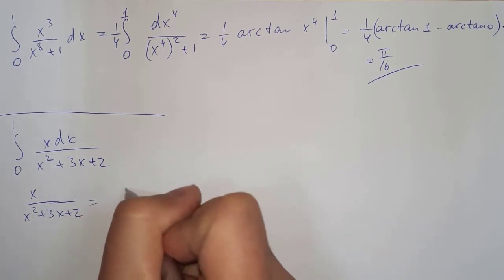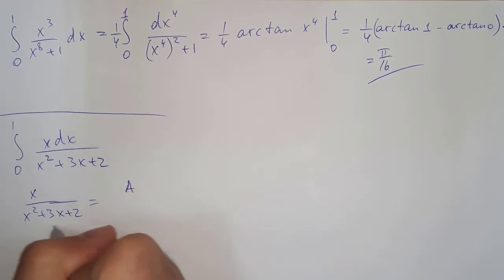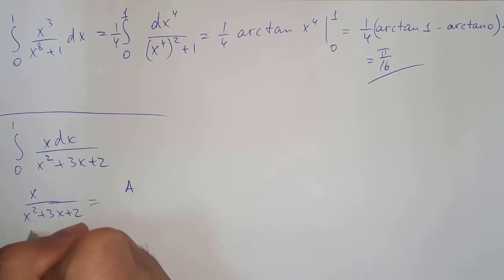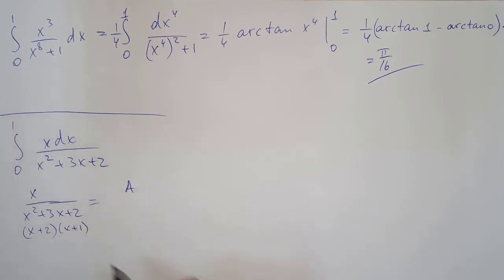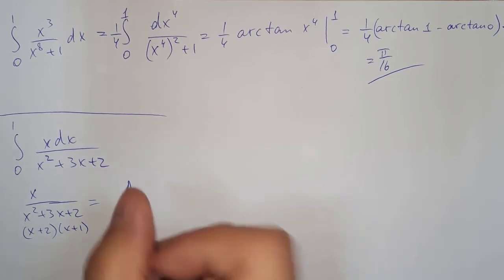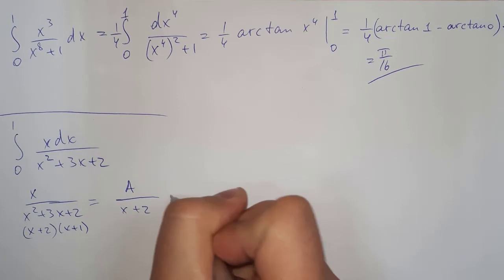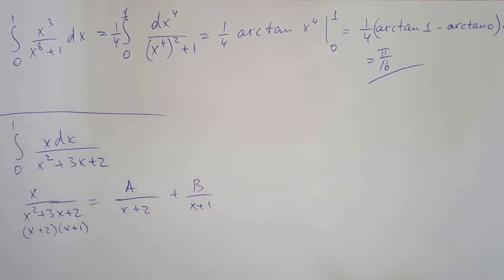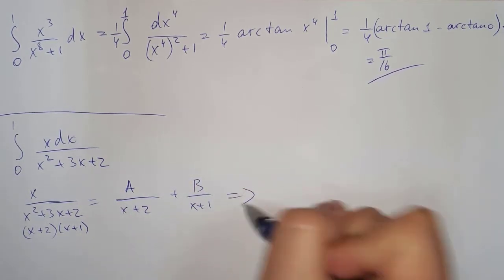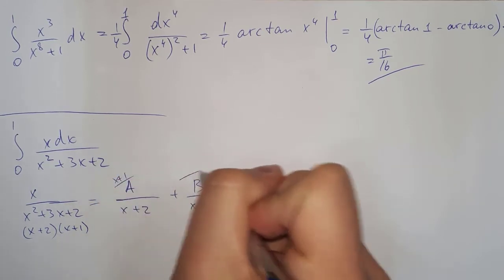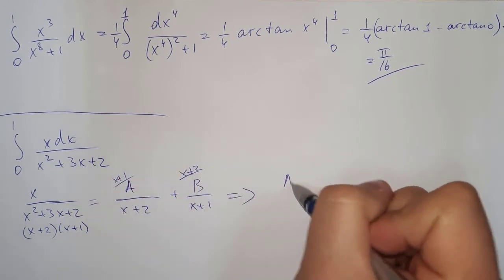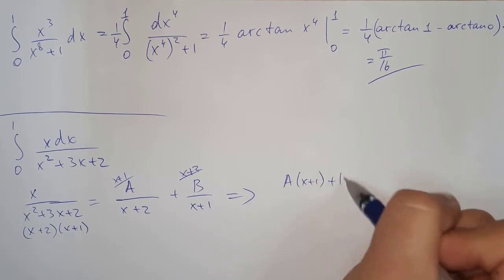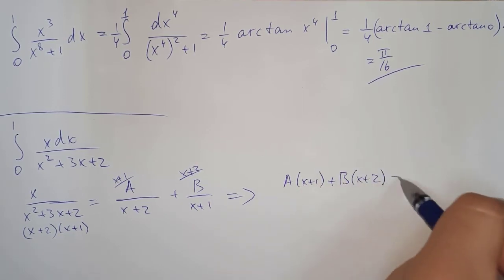So it equals a over, here we can factor the denominator as x plus 2 and x plus 1, because the roots of this quadratic polynomial are minus 1 and minus 2. So it will be a over x plus 2 plus b over x plus 1. And now, hence we'll get a times x plus 1 plus b times x plus 2 equals x.